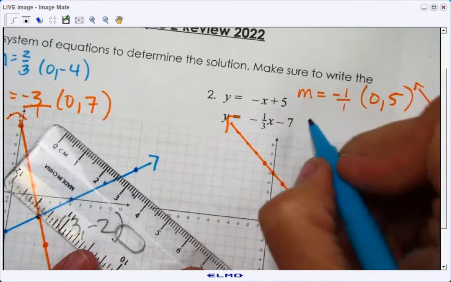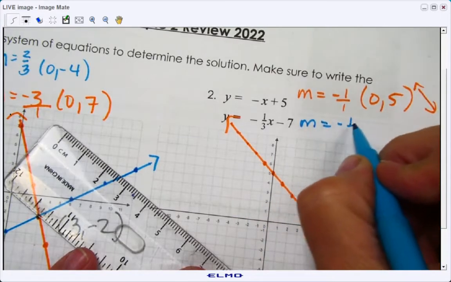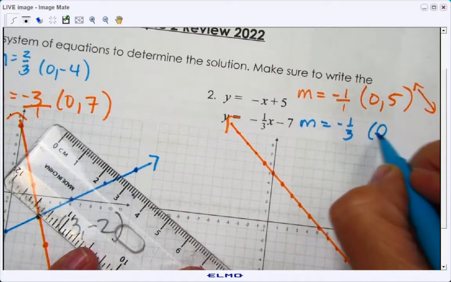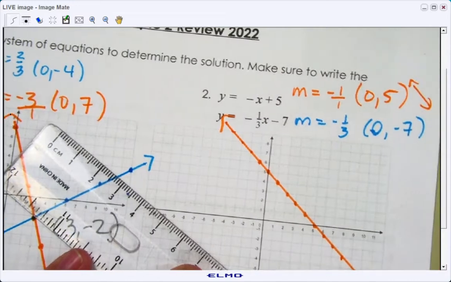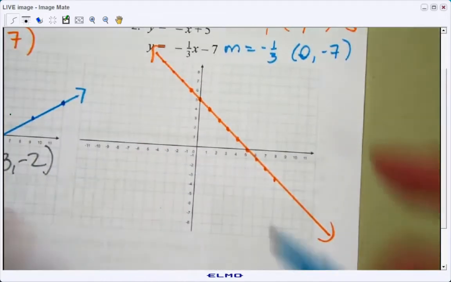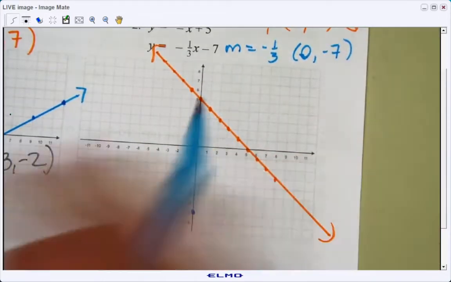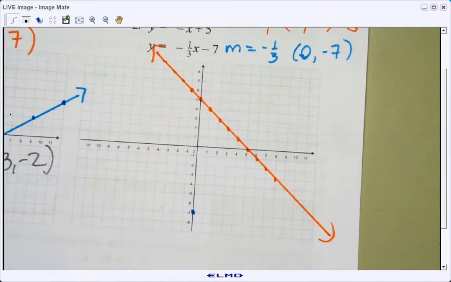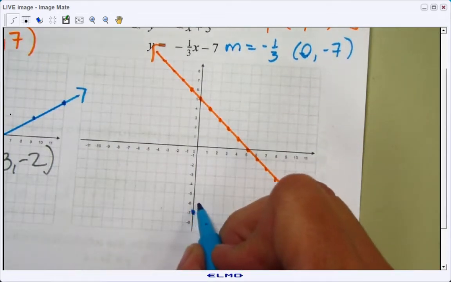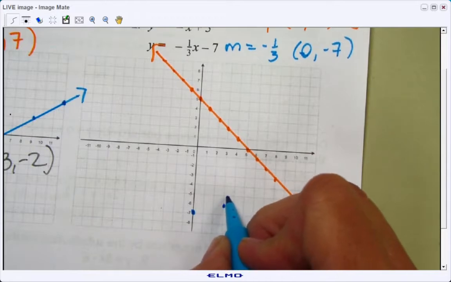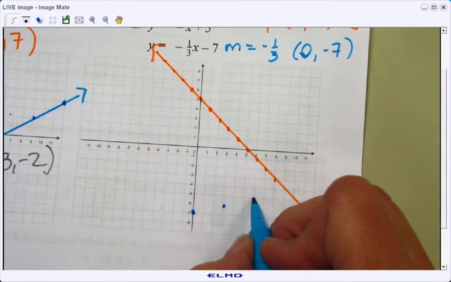Then this slope is -1/3. Look at that, 2 different slopes. So that means that they are going to run into each other. So I go down to 0, -7, and I put a point, and I'm going to go up 1 and over 3. Up 1 and over 3.